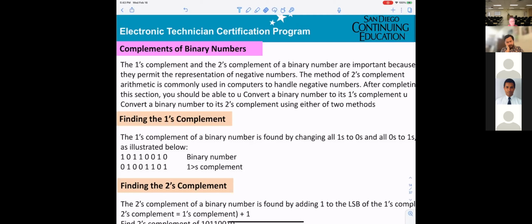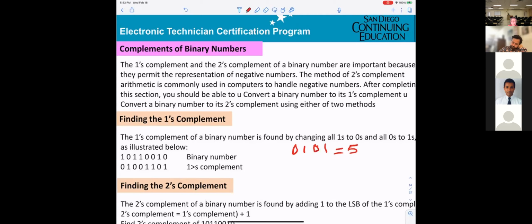For negative numbers? Exactly. For example, you get a number 5. 1, 0, 1, 0, 1. That is number 5. Right.